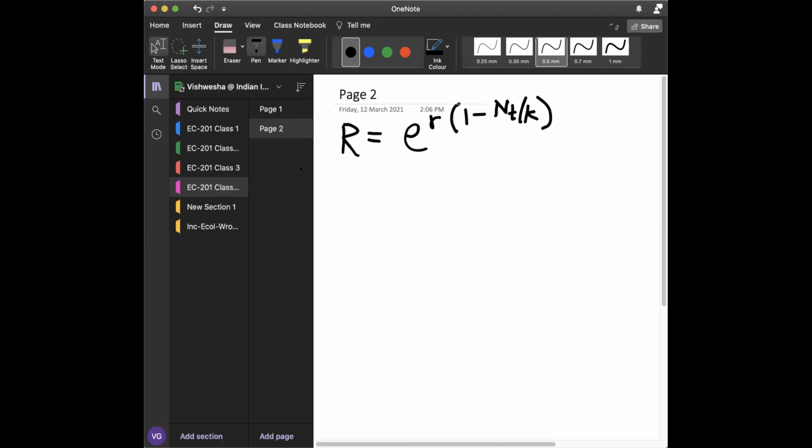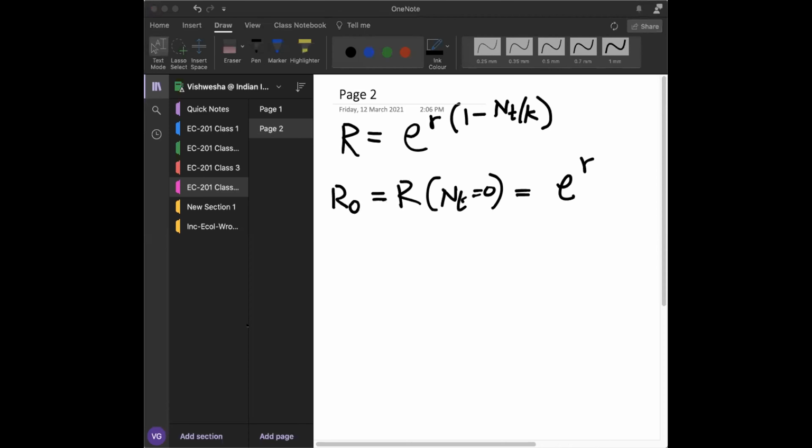Yeah, that's right. So now what is R0? R0, as I have defined, is R when Nt is equal to 0, right? Therefore it will be e power R. So R0 is equal to e power R. That's 3a, the equivalent of R0 in this model.